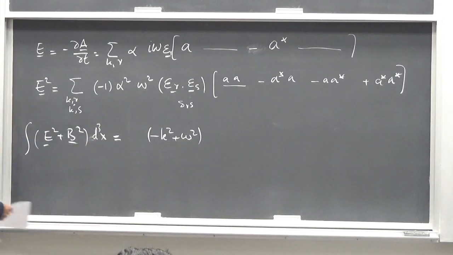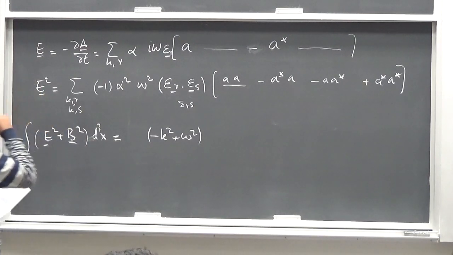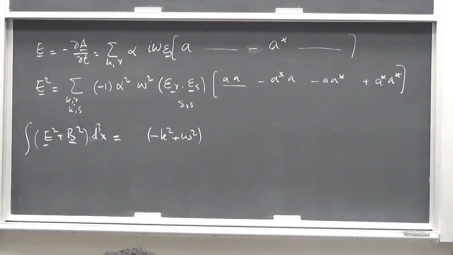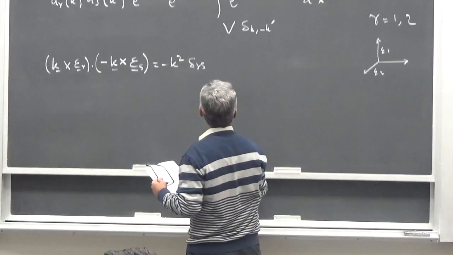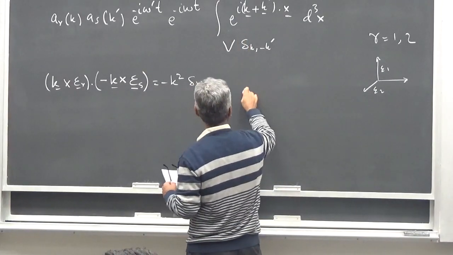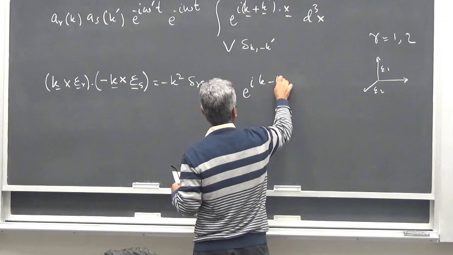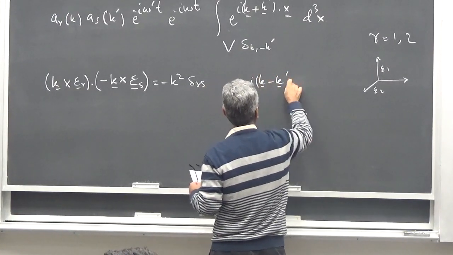On the other hand, when you have this term, this has another extra negative sign there. So instead of this delta, when you treat the second term, we're going to get e to the i k minus k prime dot x.